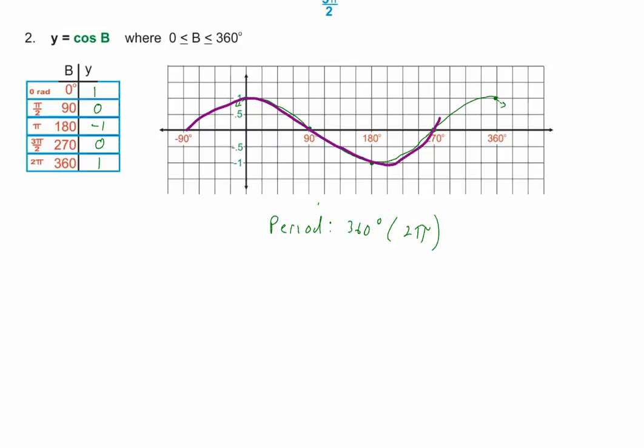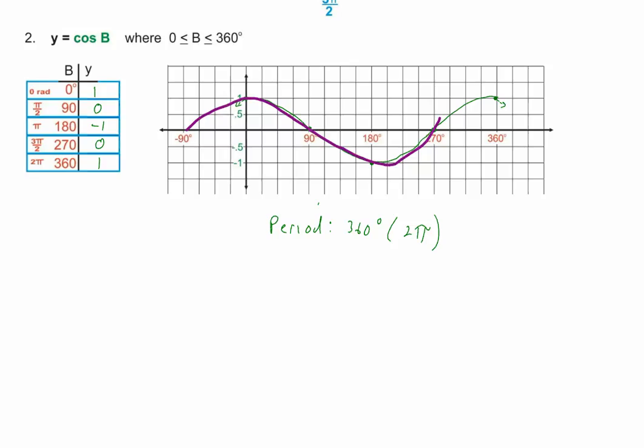So do you see how the cosine wave is really basically the same shape as the sine, but it's, we say, 90 degrees out of phase. It's really the sine wave, but it's 90 degrees further ahead, right?